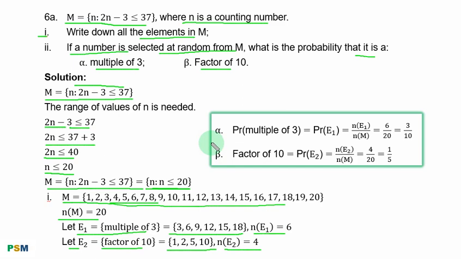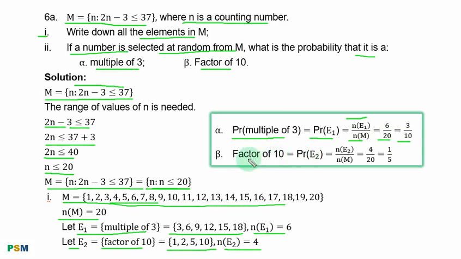Alpha part of Roman figure 2, probability of a multiple of 3 is equal to probability of event E1, and that is equal to number of elements in event E1 over number of elements in set M. Set M is the sample space. You have 6 over 20, that is equal to 3 over 10.